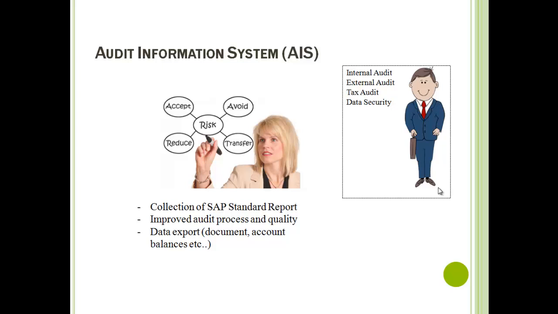To do a gap analysis, you need functional as well as business knowledge. So we will concentrate on the technical audit, and how the audit information system can be used by an auditor as well as a security consultant to audit our SAP system.